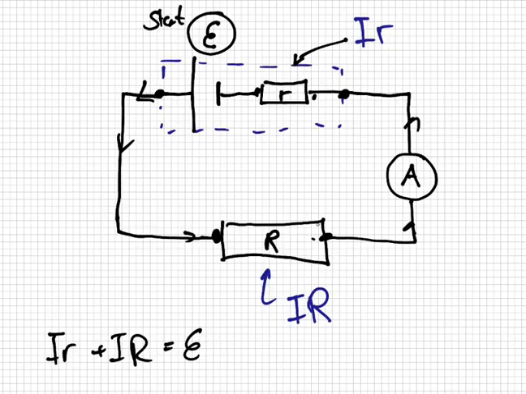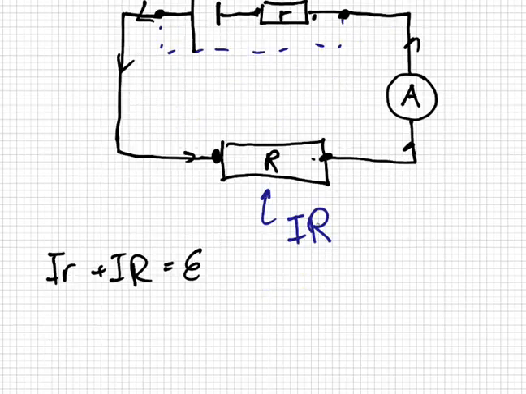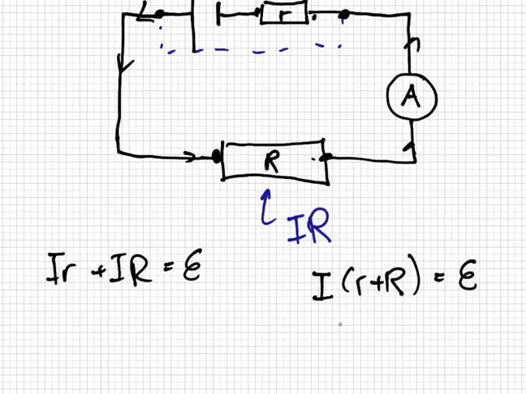Do you remember that potential divider? So the total must be E. So we have a formula, I(R + r) = E. So I equals E over R plus r.